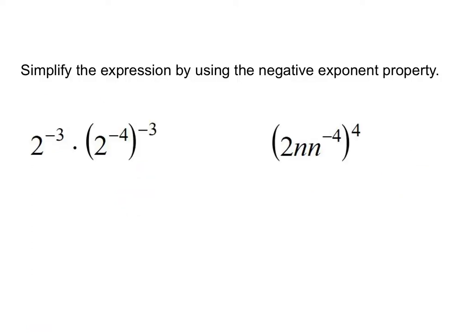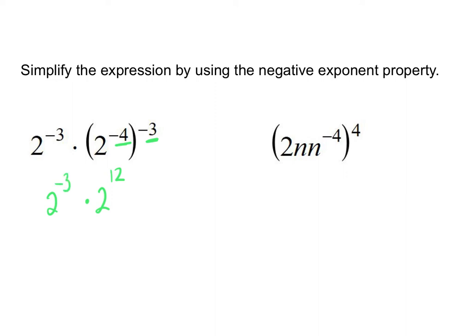So here I have 2 examples. I want to simplify the expression, meaning that at the end I do not want negative exponents. I'm actually going to keep the negative and simplify at the end. So I have a power to a power here. Power to a power says to multiply. Negative 4 times negative 3 is positive 12. So now I have 2 to the 12th power times 2 to the negative 3 power.